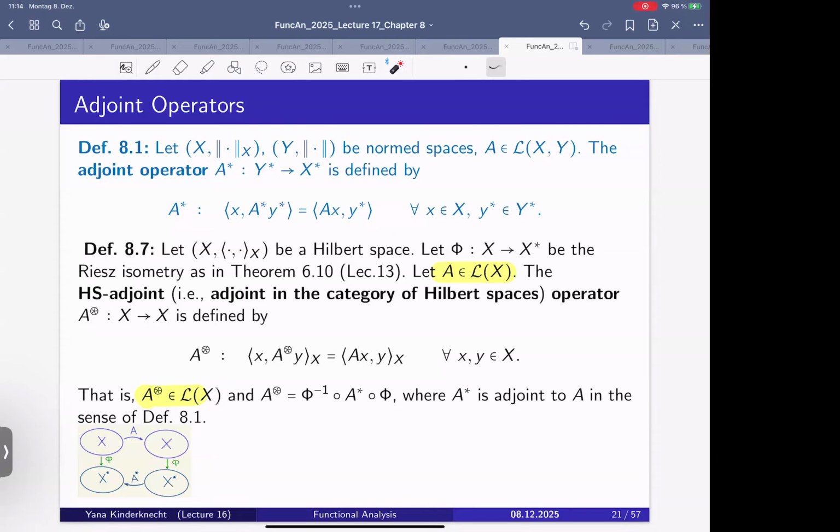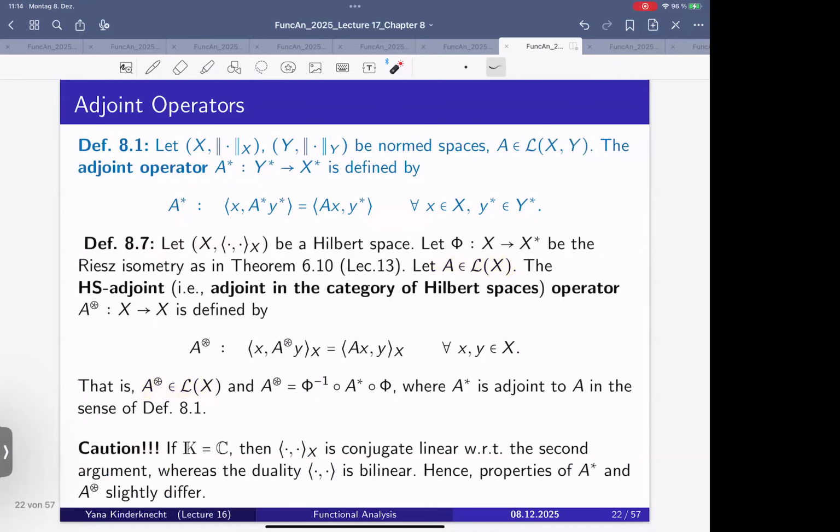And this is again this small Feinheit, Kleinigkeit in German. A small tiny thing, but we should take care about it. So caution, if K is equal to C, then my scalar product is conjugate linear with respect to the second argument, whereas the duality is bilinear. So actually the definition is not totally the same.